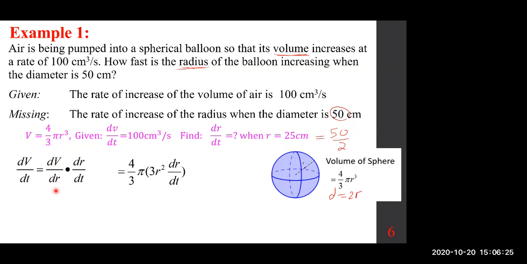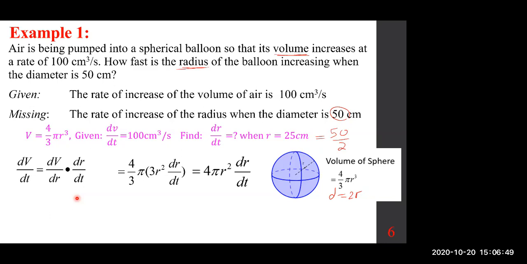If you take the derivative of the volume with respect to r, you get 4/3 pi times 3r squared. Done. But since we want it with respect to time, we add dr/dt. I hope everybody's following that. Of course, we simplify this to 4 pi r squared dr/dt.